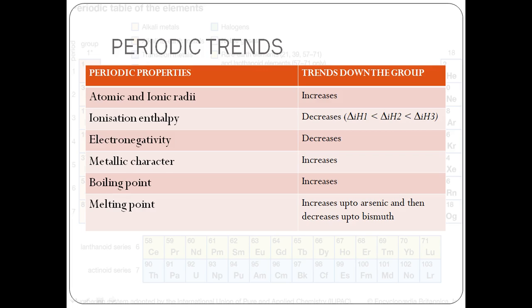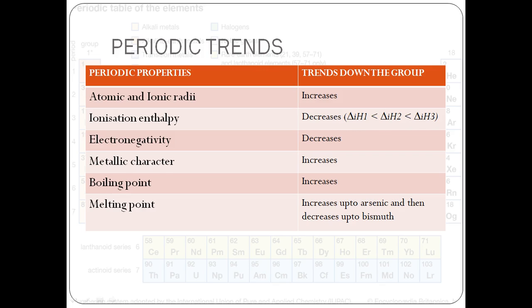Next is electronegativity. Electronegativity decreases down the group due to increase in atomic size. Then metallic character. Metallic character increases down the group. Metallic character depends upon ionization enthalpy.